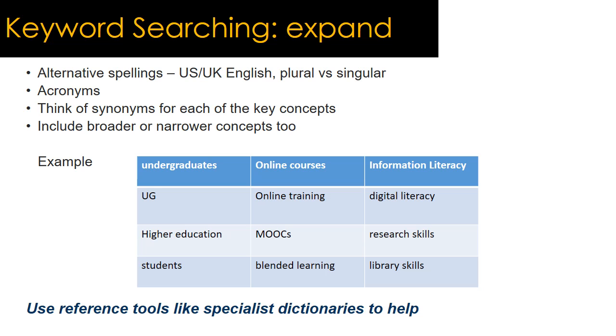And for information literacy, we might also want to search for digital literacy or library or research skills. If the concept is more technical or difficult, you might also use reference works such as specialist dictionaries or encyclopedias. The important thing here is to keep a list of the keywords as you come up with them.